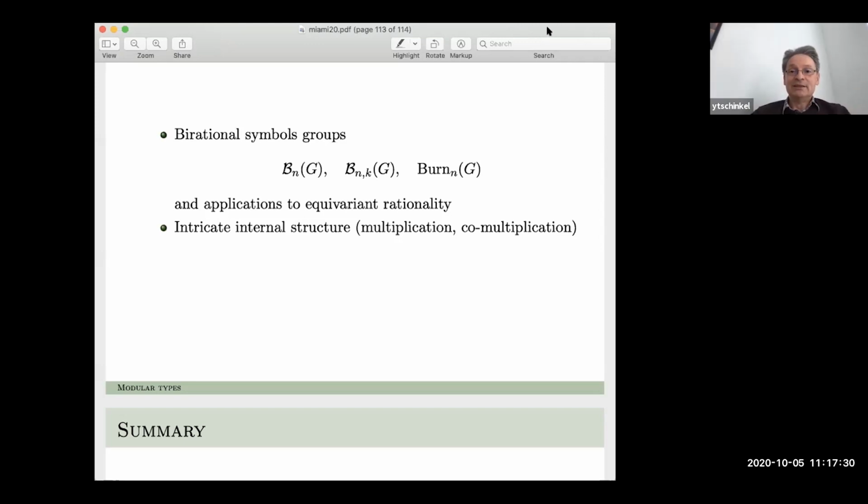Exactly, but we are not using the stratum itself. The realization was that you have to use the total space of the normal bundle. And then the stabilizer, you see, on the total space of the normal bundle, if you had an action that was generically free, it will remain generically free.